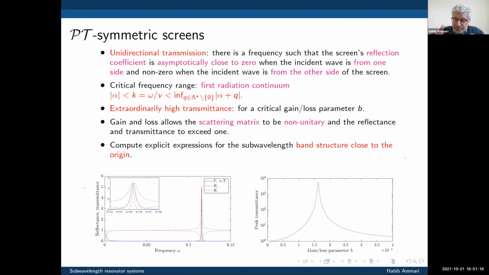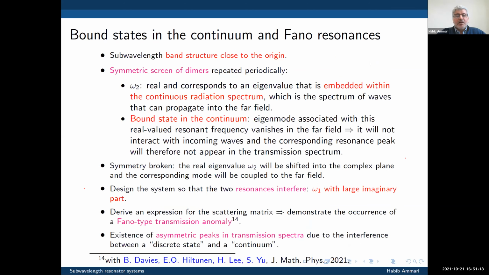So there is a lot of interesting physics. Okay, so maybe I can skip this, but if we look at this band structure close to the origin, there are a lot of other interesting physics. So this is what we did for the Fano-type transmission anomaly.